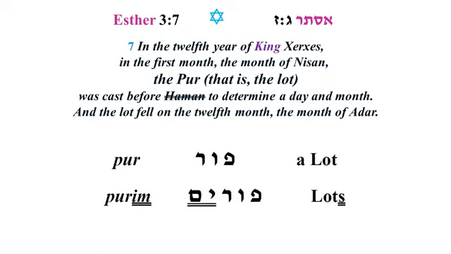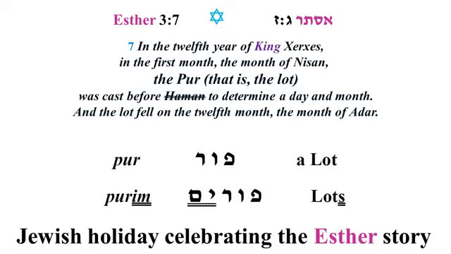They're using something to throw and to cast down and predict a day or something in the future, okay? And this name, Purim, ends up becoming a Jewish holiday that celebrates the whole Esther story. So Purim just means lots or dice. Lots, not like lots and lots, many, but you're casting lots. Okay, casting dice.